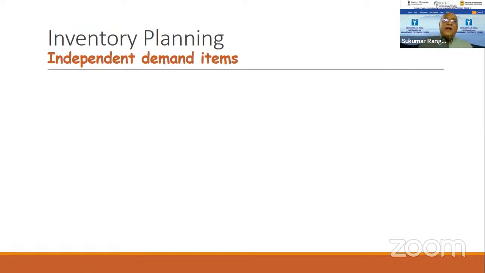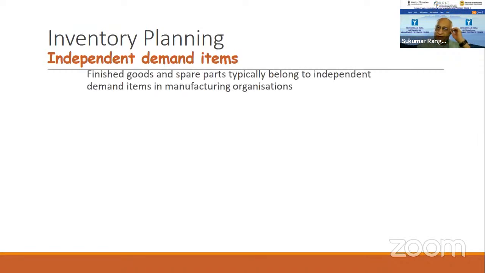Inventory planning of independent demand items. Finished goods and spare parts typically belong to independent demand items in a manufacturing organization, which we saw, because you do not know when and how the demand is created.